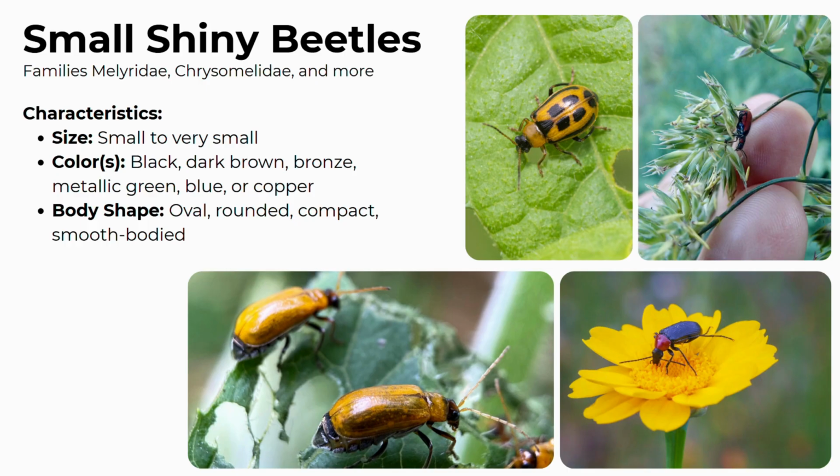In contrast with our small dark flower beetles, we will also have a group for small shiny beetles. This group will also contain several families, some of which do overlap with our dark flower beetles. Many species in this group will be small, shiny, brightly colored, and somewhat difficult to tell apart, despite not being closely related.